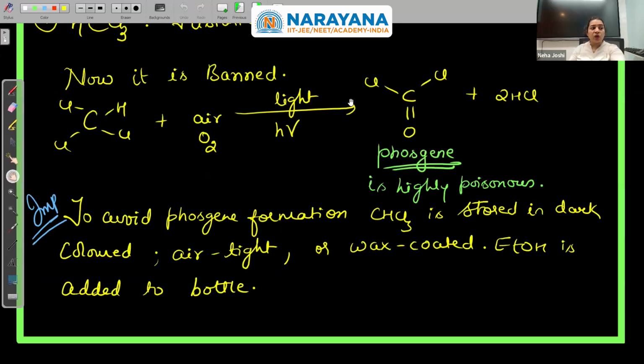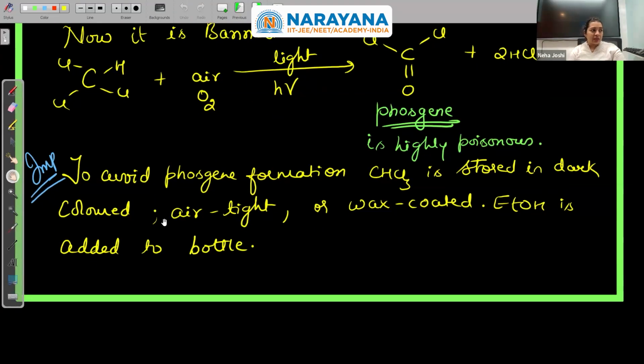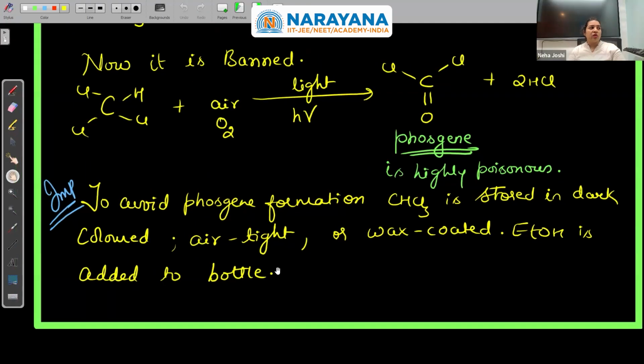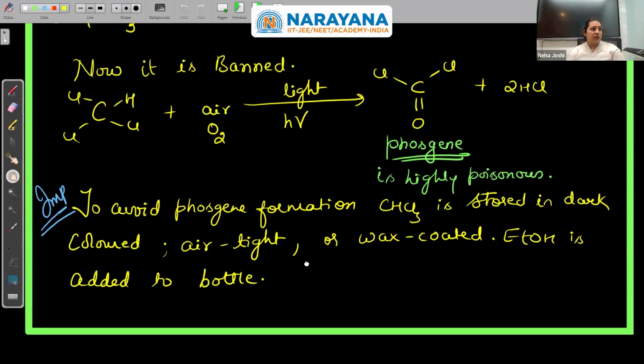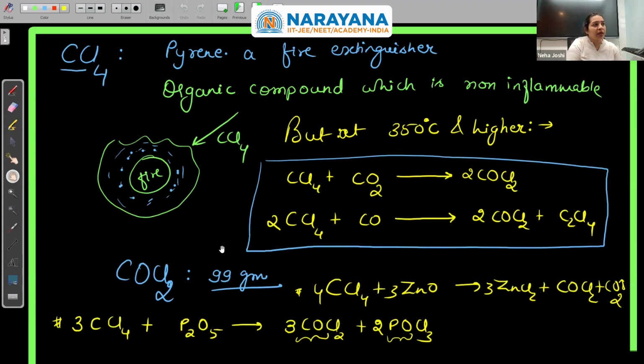To avoid phosgene, this is an important line, it is stored in dark colored, airtight or wax coated bottles. Ethanol is also added to this bottle. Pyrene, CCl4, is a fire extinguisher, an organic compound which is non-inflammable.